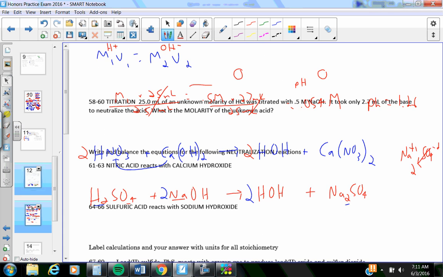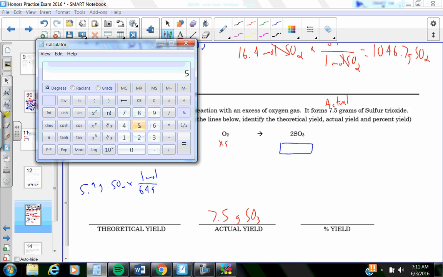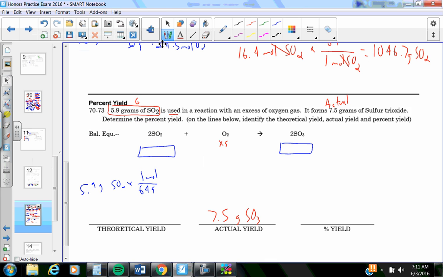5.9 grams of SO2 times 1 mole of SO2 is, just did that one, 64 grams. 5.9 divided by 64.09, I'm not sure if that sounds right. 5.9 of SO2, 32, 2 oxygens, 64, 5.9.